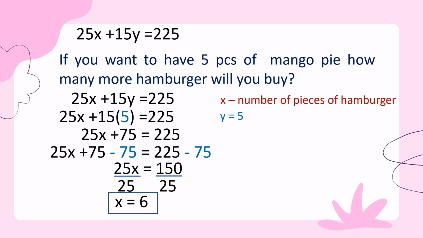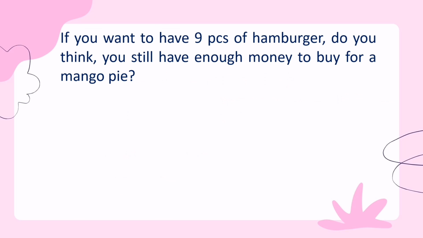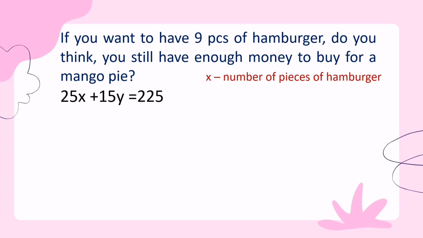6 now is the number of hamburgers that you could buy if you already have 5 pieces of mango pie. What if you want to have 9 pieces of hamburger? Do you think you still have enough money to buy a mango pie? Let's try to find it out. Using the same equation 25x plus 15y equals 225, the number of pieces of hamburger, which is represented by variable x, is already given.